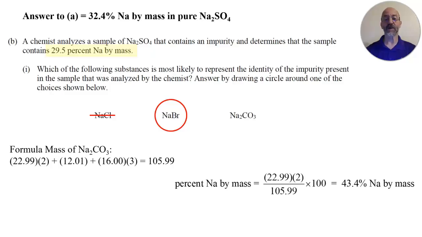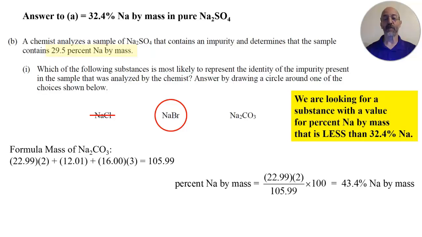Again, notice I multiplied the 22.99 times 2. So total mass of sodium divided by formula mass times 100, and 43.4% sodium by mass, that number is larger than 32.4%. Again, we're looking for a substance with a value for percent sodium by mass that is less than 32.4% sodium, so we can eliminate Na2CO3.